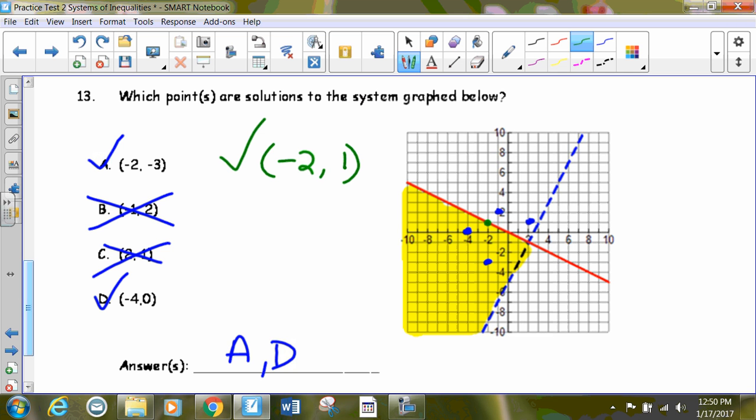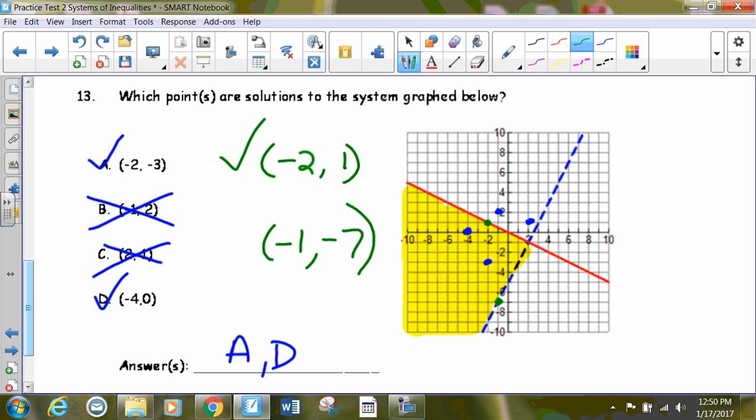But wonder if the point was, let's see, how about -1, -7. When we get to -1, -7, we're right there on the dotted line. Is that part of the solution? No, that is not part of the solution. That dotted line is just the fence.